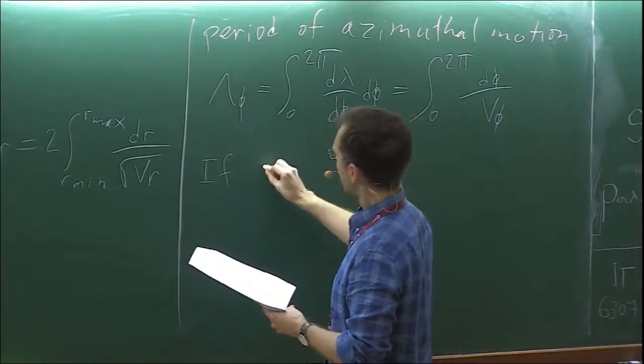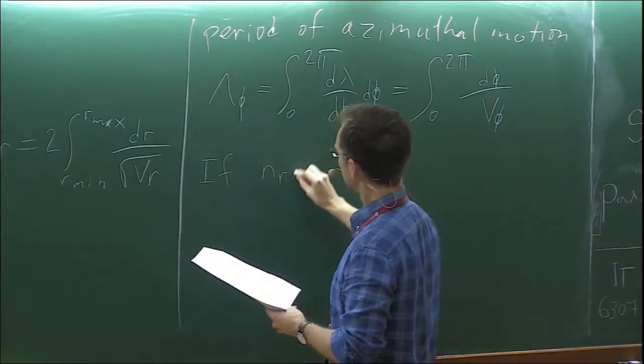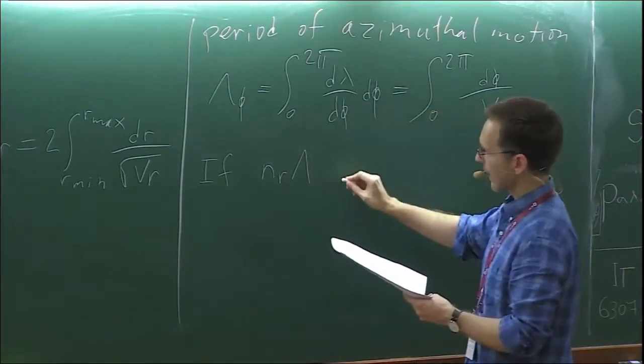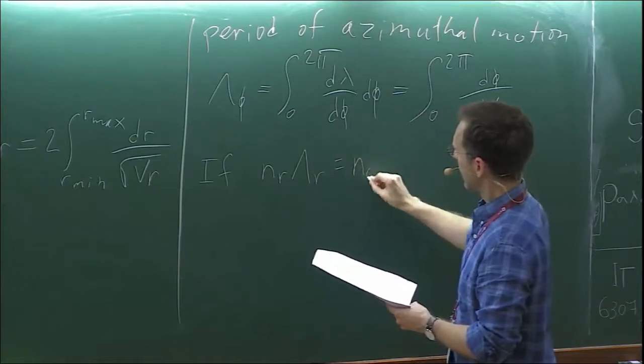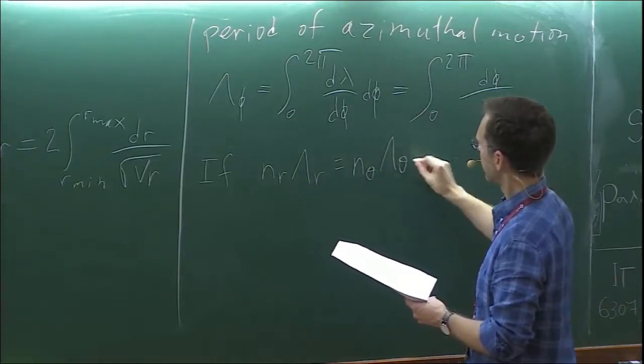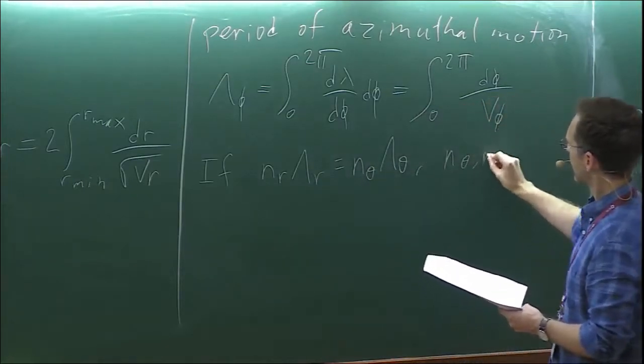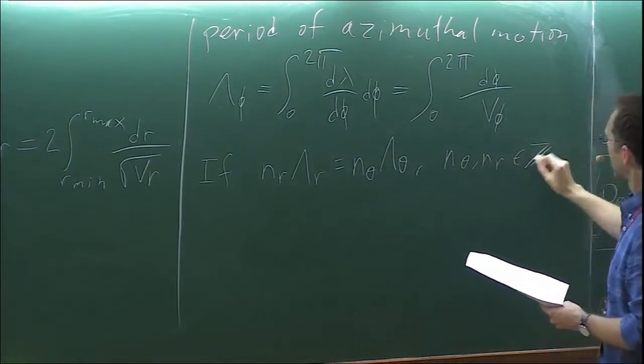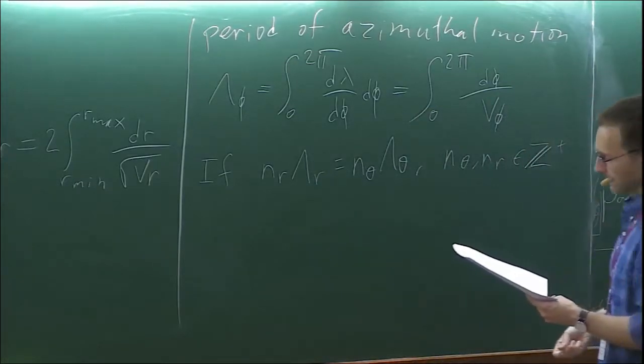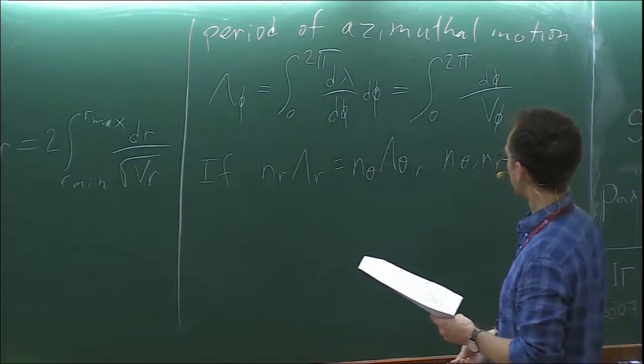So if there exist integer numbers n_r and n_theta, then there's an intrinsic resonance.